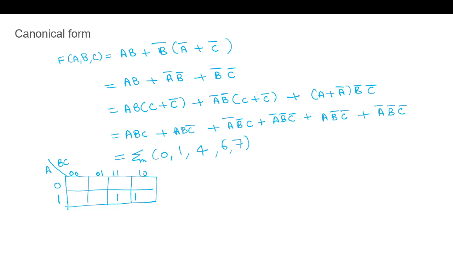Next is A bar B bar, where A is 0, B is also 0. Next is B bar C bar, where B is 0, C is also 0. And the rest of the terms are 0. So it is 0, 1, 2, 3, 4, 5, 6, 7, and you can see 0, 1, 4, 6, and 7. So in this way also we can find this canonical form.